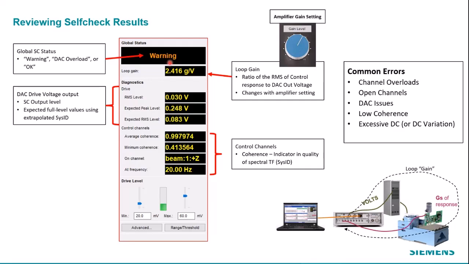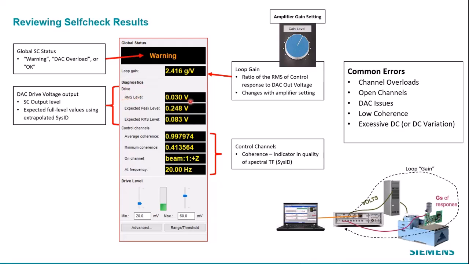There are a lot of checks that go on. There's a loop gain, which is basically an end-to-end transfer function, so it's the RMS of your Gs versus the RMS of your volts output. That's a pretty consistent value, so depending on the gain setting of your amplifier, this should be pretty consistent. Then you also get some information about the drive levels.